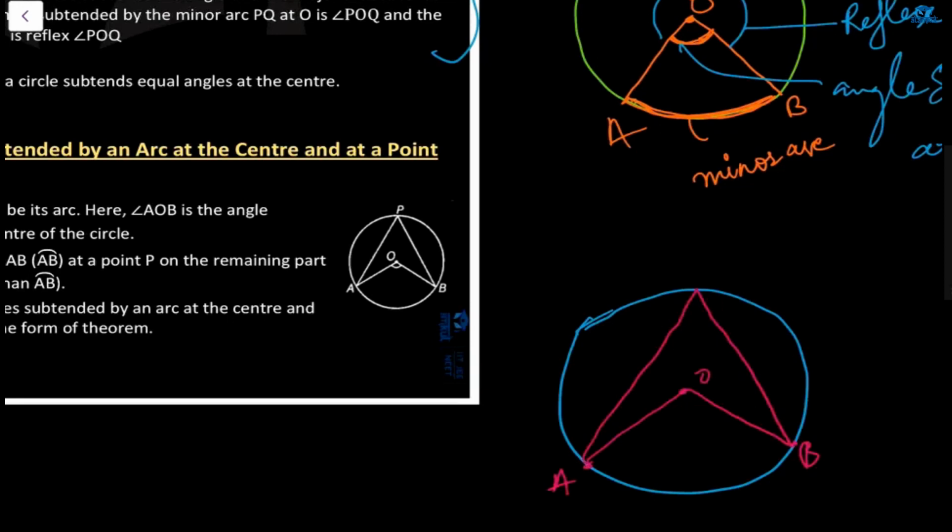You can take any point, but the arc will be the same. What is the relation between them? Here AB is the arc, this is your angle at the center and this is the angle at any point. Any point on the circle means any point on the circle you can take.